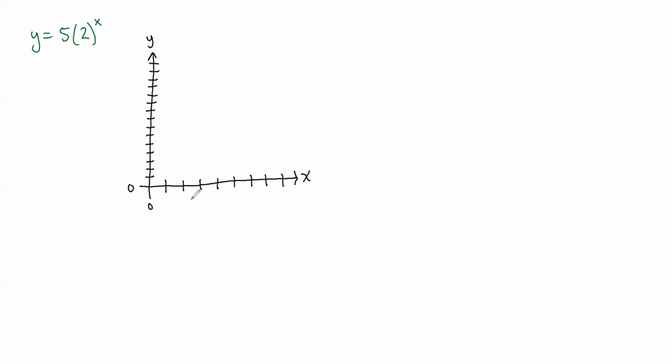So we'll go by ones on the bottom, and let's go by tens on the side. So we'll have 10, 20, 30, 40, 50, 60, 70, 80, 90, 100, 110, 120, 130, 140, and at the very top there will be 150.